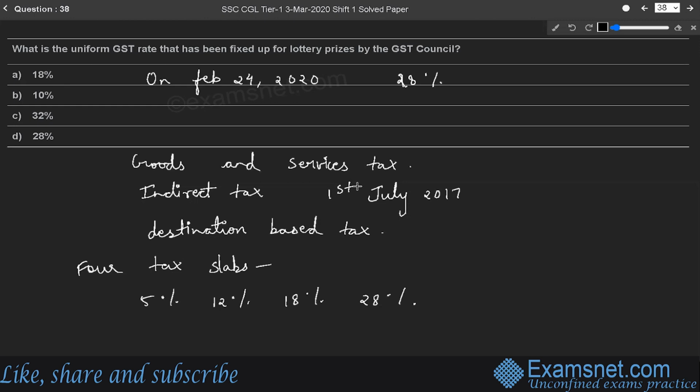So for this question, the correct answer will be 28%, which is option D here. As we know that on February 24, 2020, through a notification of the Central Board of Indirect Taxes, all the lotteries were brought under the tax slab of 28%. So for this question, the correct answer will be option D, which is 28%.